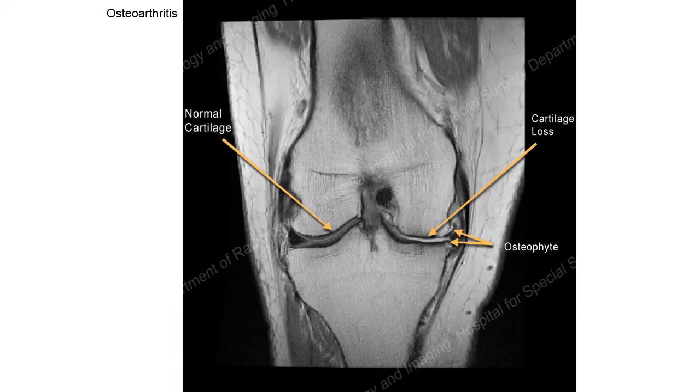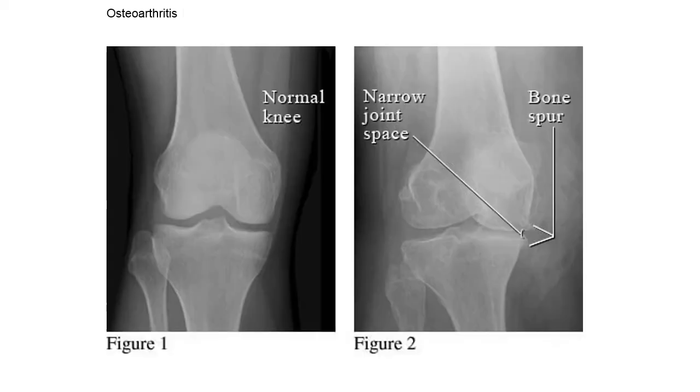Here's a picture. You can see the osteophytes a little bit here. Here's the osteophytes, and you see a little tiny one where the arrows point. There's also loss of cartilage, and there's just not much joint space in there anymore. Next slide. These are also called bone spurs. So here's a normal knee on the left, normal space there, fairly normal space here, but this side is not good.